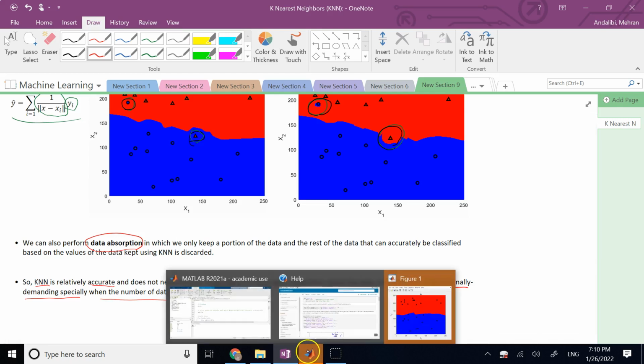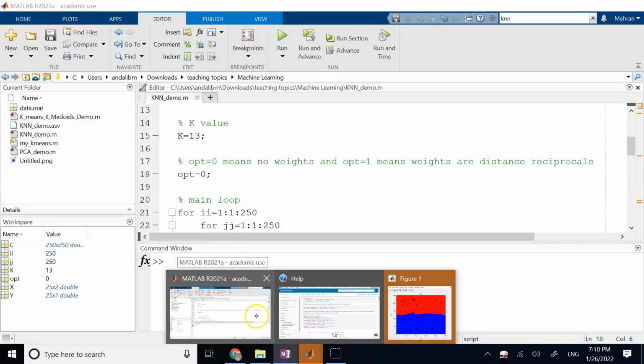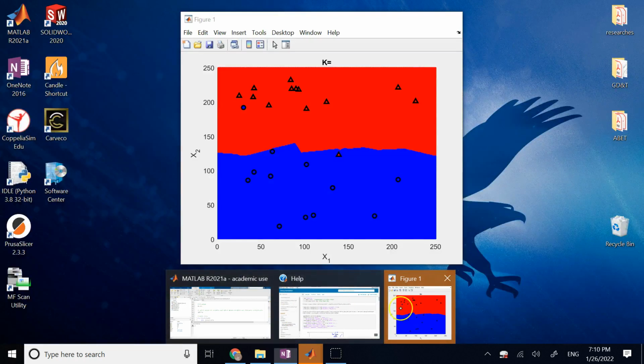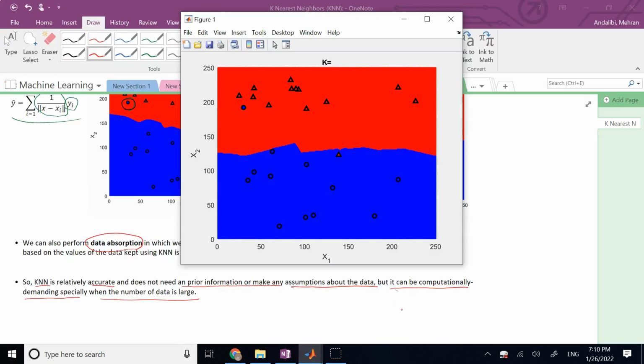Here, my laptop is a Core i7, and it's not bad in terms of cache and RAM and everything. But with only 25 data points here, generating this plot took quite a bit of computer time, as you just saw. And here, this is k of 13.